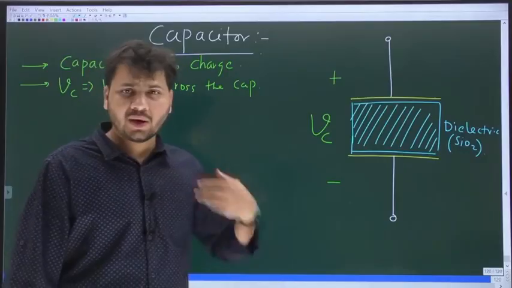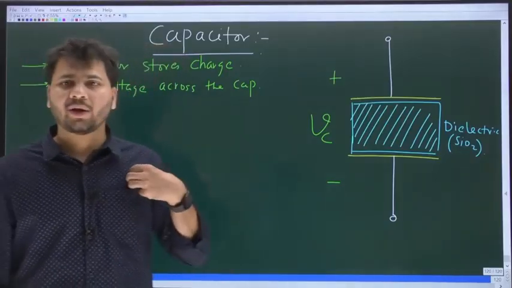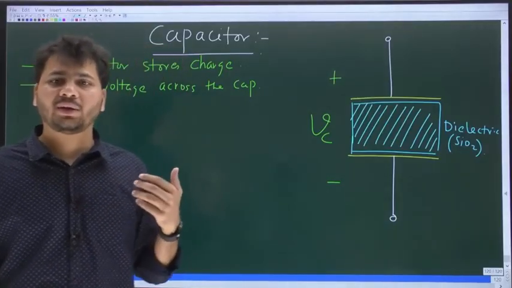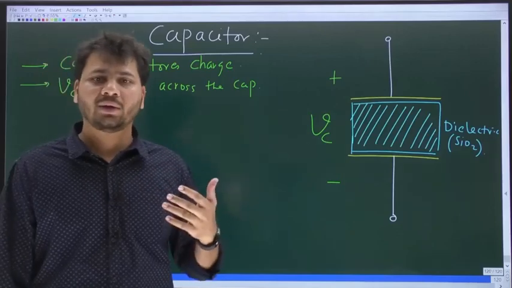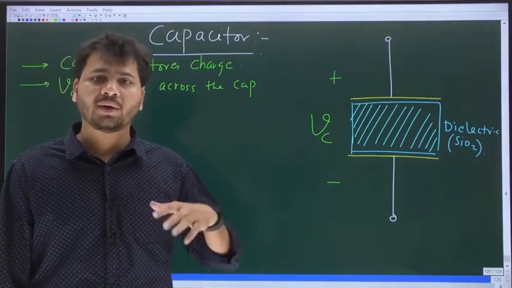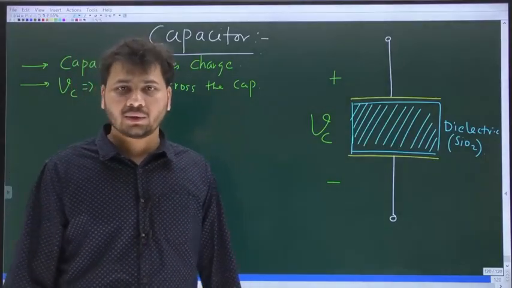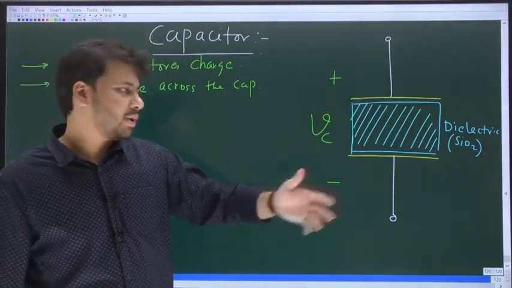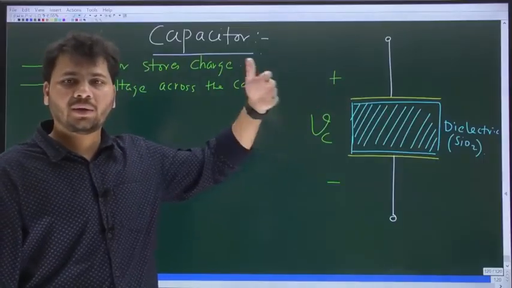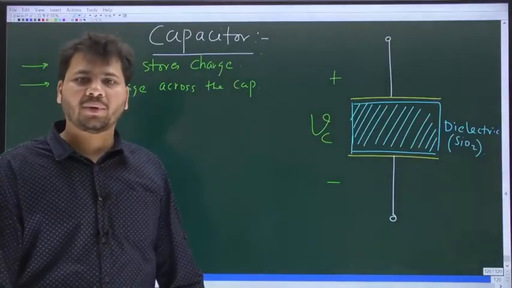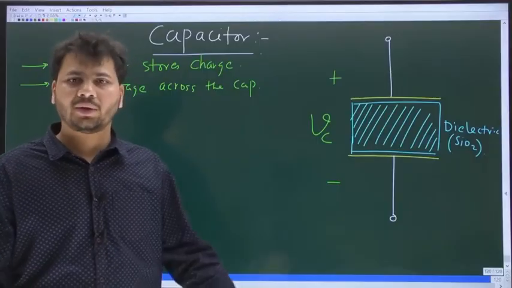Okay, and I am saying that for any parallel plate capacitor, both the plates will always carry the same amount of charge but opposite. I mean, they carry equal and opposite charge. That means, for example, let's say the top plate carries a charge of plus 10 coulombs. What is the unit of charge?